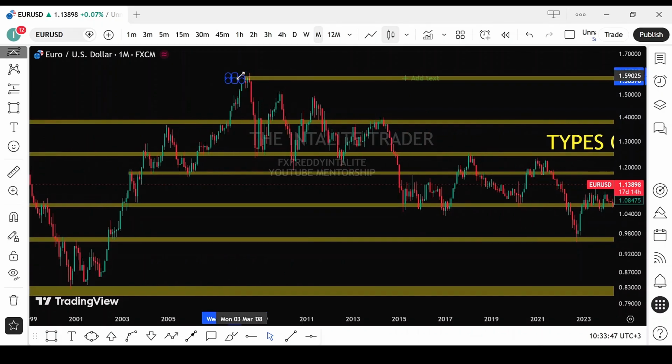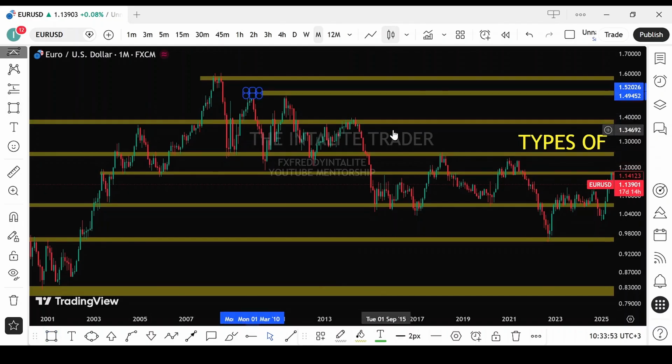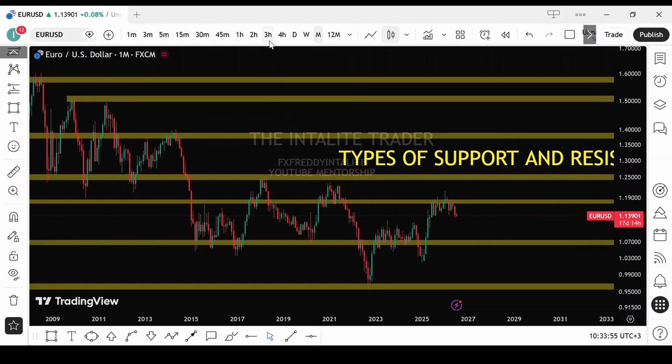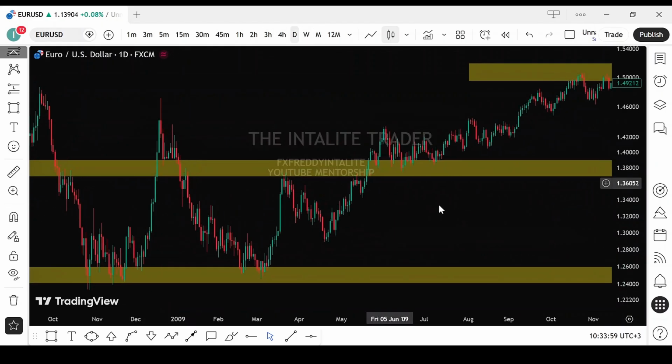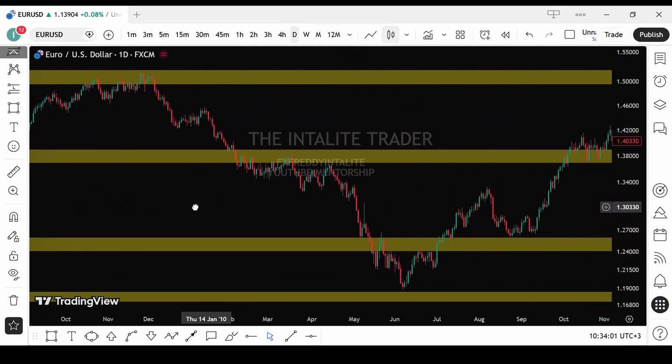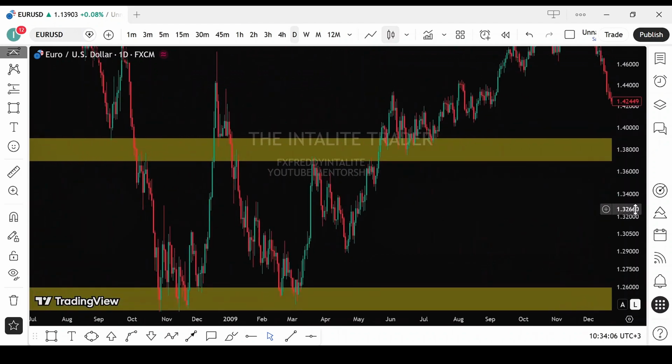And then this is our level. The same thing applies to these ones here. You plot them. So when you come to the daily time frame, you will see these same levels, the ones you have plotted on the monthly.